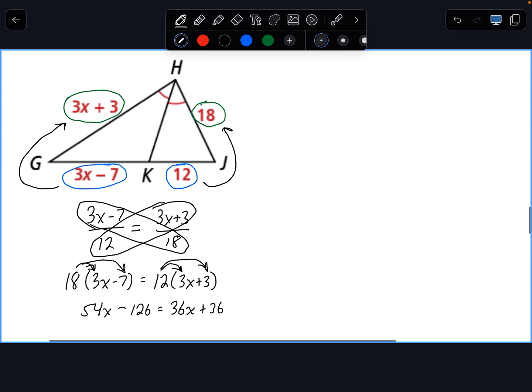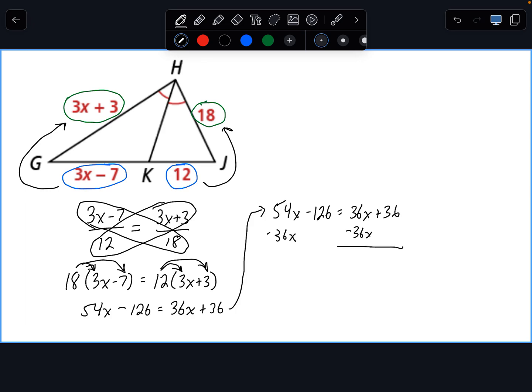All right, so I'm going to rewrite this equation up here so that we can solve it. 54x minus 126 equals 36x plus 36. I'm going to get all my x's to one side by subtracting 36x from both sides. And I get 18x minus 126.